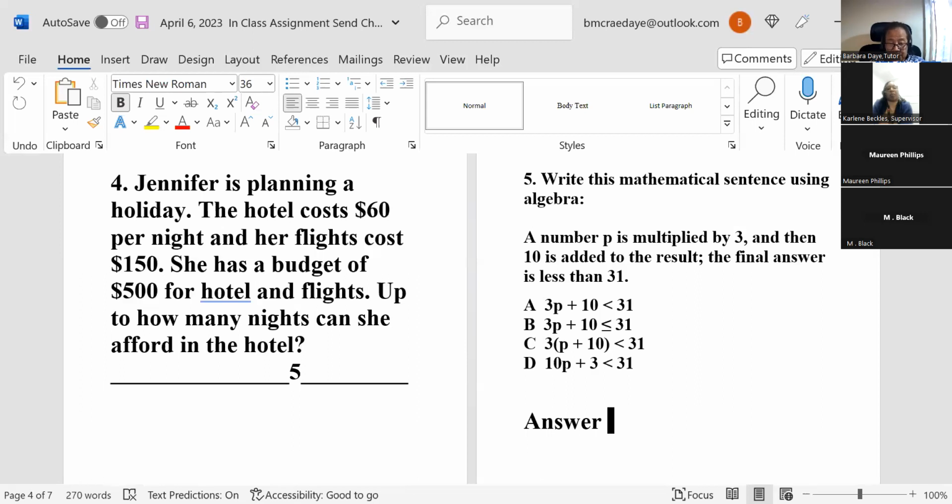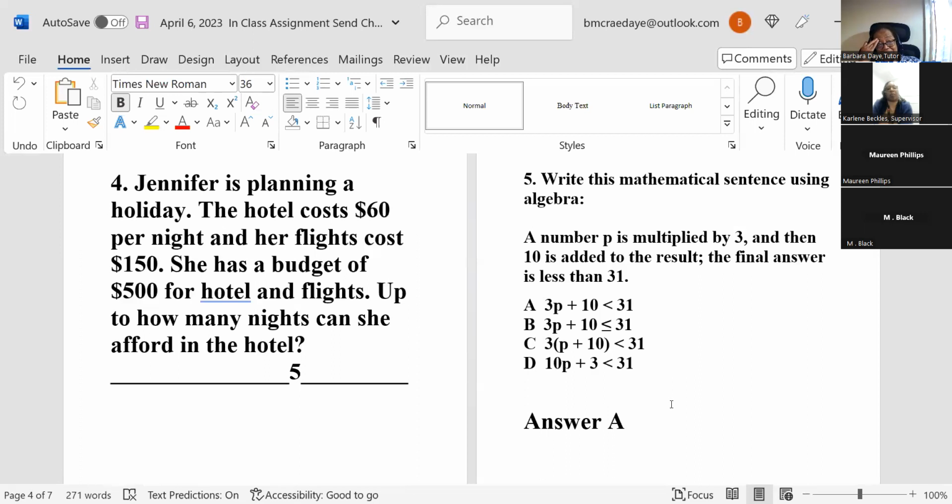The answer is A. That is correct. I gave you credit for it because you just gave it to me, but you didn't have it correct initially.